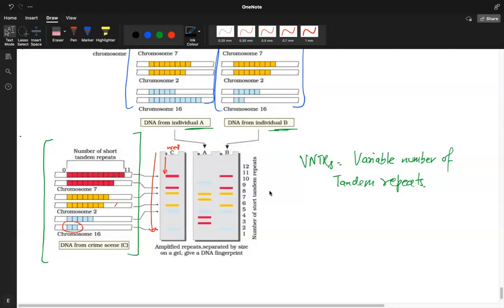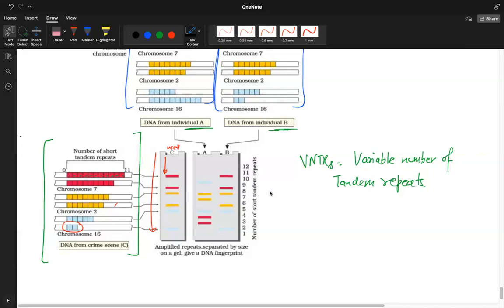Now that person himself can also accumulate a few changes, but that will be less. It's not possible that you take the DNA from your parents and change it yourself so much that it looks nothing like your parents. You accumulate one or two changes, but it will still have a lot of tandem repeats.